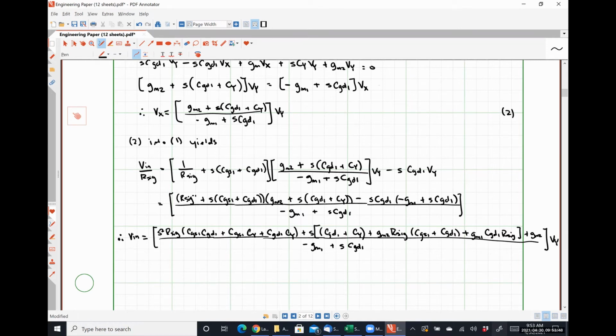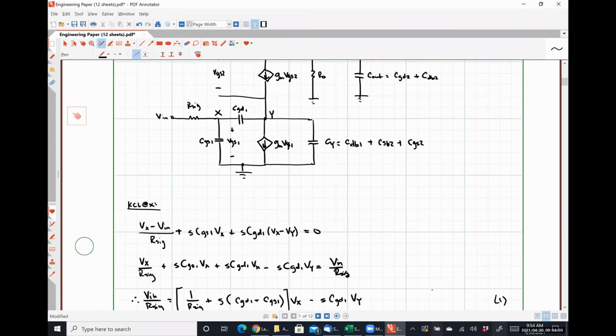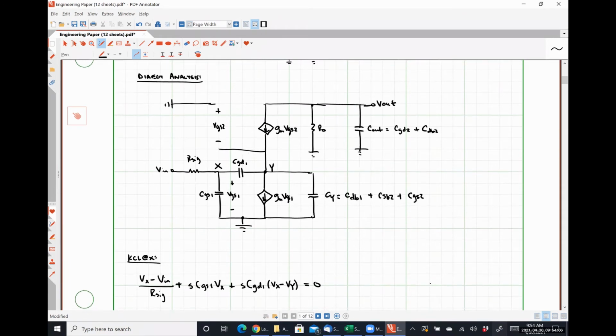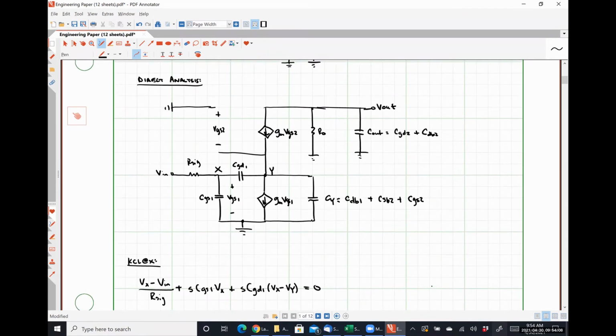So I want to take a second here to look at what we have. When we get this into our transfer function, just as a quick side note, I'm going to scroll up and write this down because it may not be intuitively obvious: our voltage gain for this system, AV, is going to be Vout over Vy multiplied by Vy over Vx multiplied by Vx over Vn.